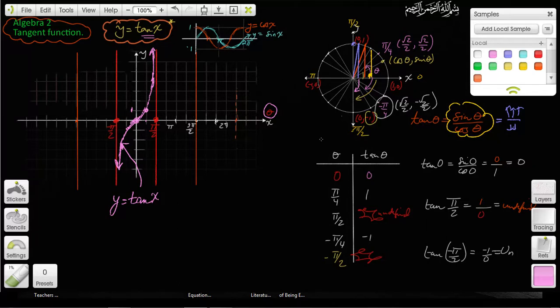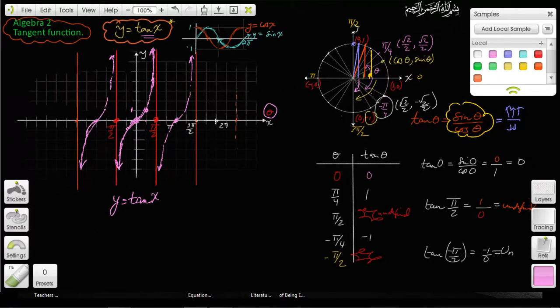But then this graph is going to recur, okay, every pi interval. So again, it's going to do this again over here, like this, and it's going to come down here again towards this asymptote like this, and then again over here, like this. Okay, so y equals tangent of x is a very interesting graph, because it has lots of asymptotes like that.